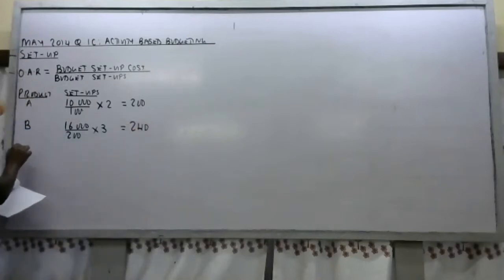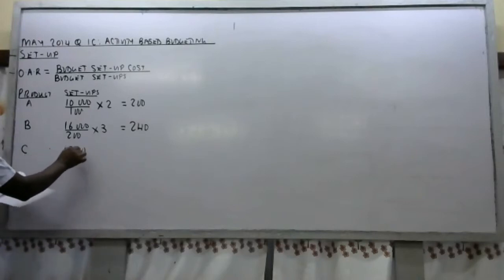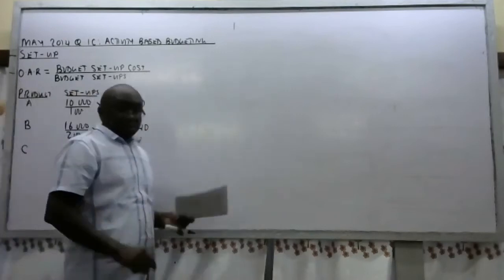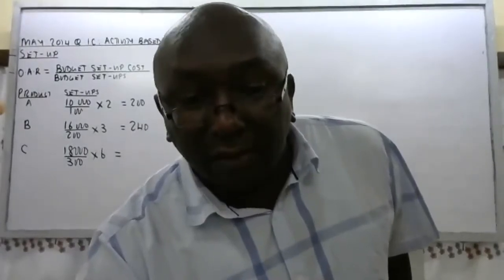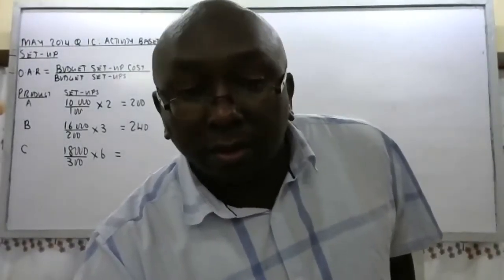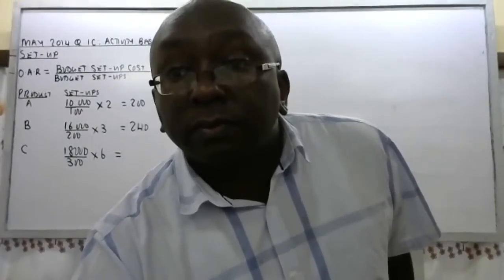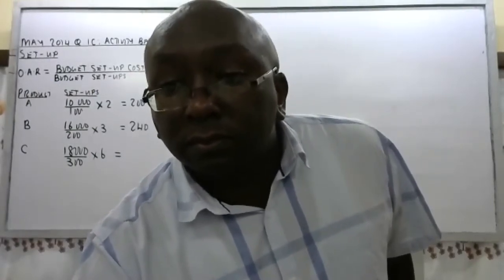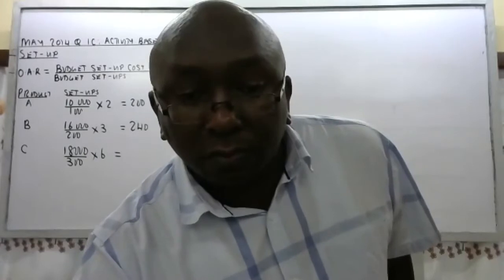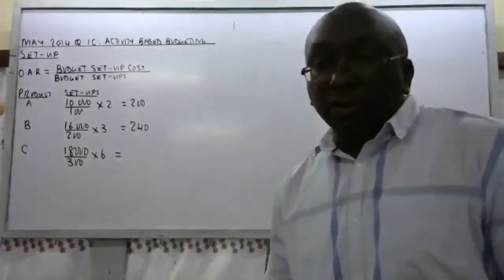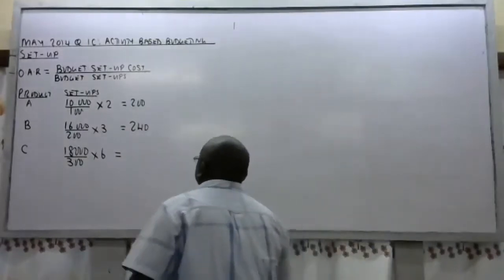Then you do the same thing for C, which is 18,000. You divide by 300. Then you multiply by 6. I can see 360.